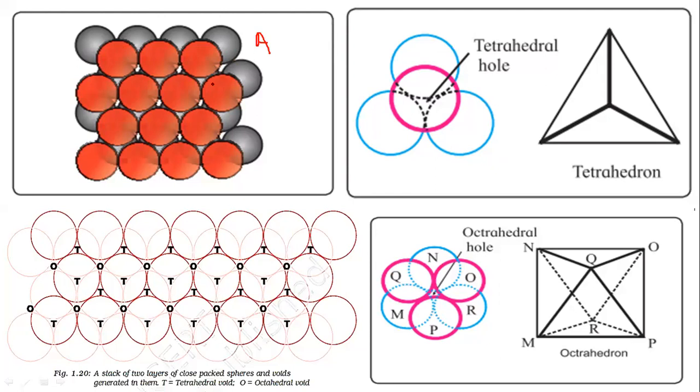So what will happen? 2 types of voids are obtained. Voids means these are the empty spaces. See here, if 3 spheres are in the A layer and 1 sphere in the B layer, so this is a B layer, this is A layer, we will find this tetrahedral hole.